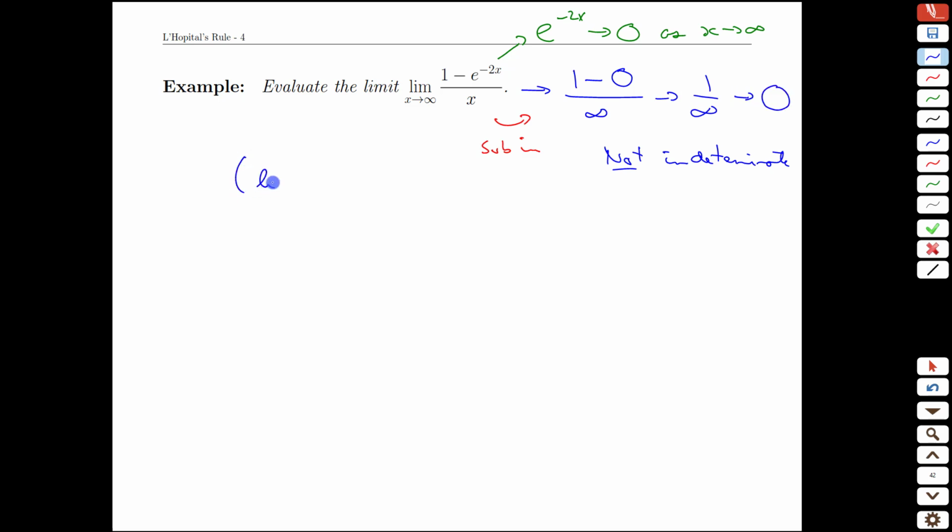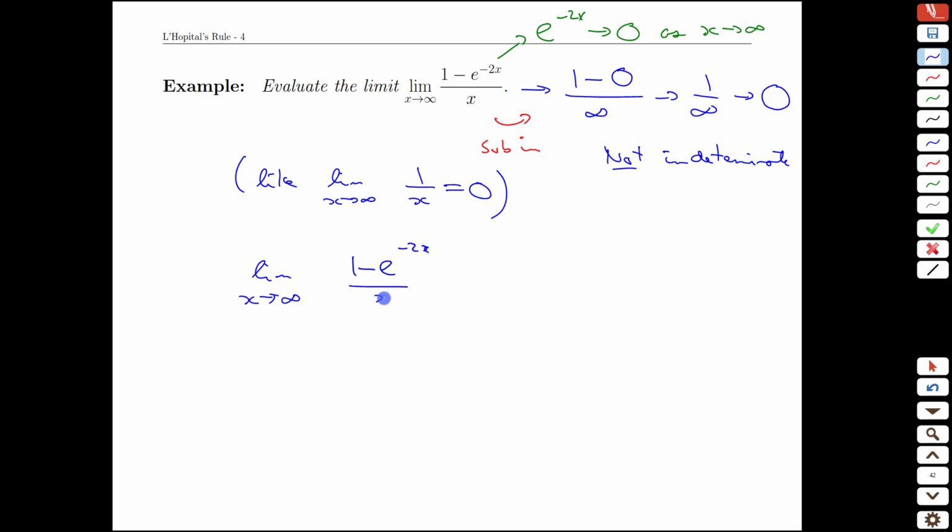It would be something like the limit as x approaches infinity of 1 over x. What does that approach? Well, I'm dividing by larger and larger numbers, so we get 0. So that's our statement here. The limit as x approaches infinity of 1 minus e to the negative 2x over x is simply 0. And most importantly, no L'Hopital's rule required.